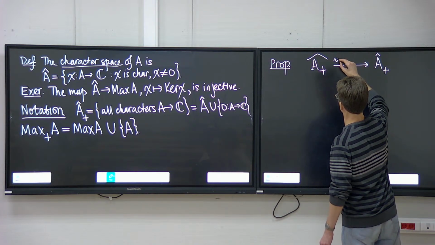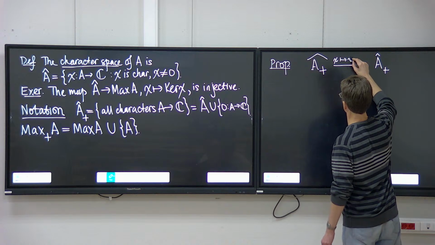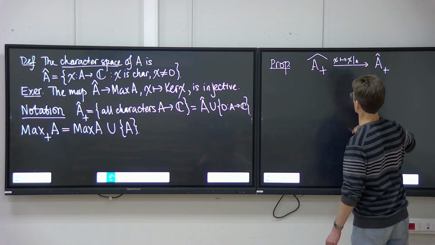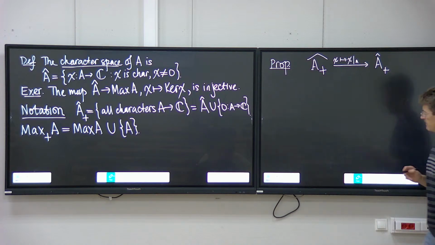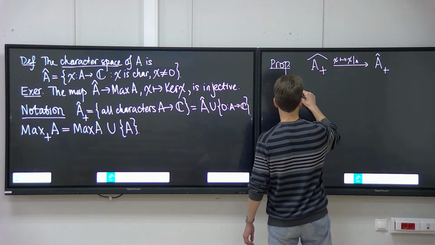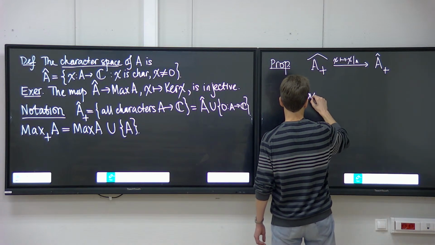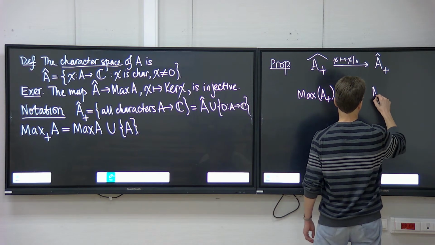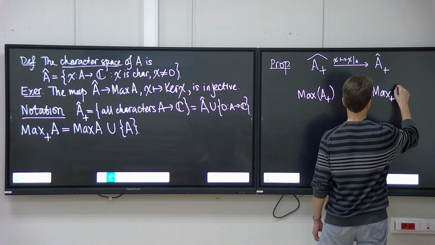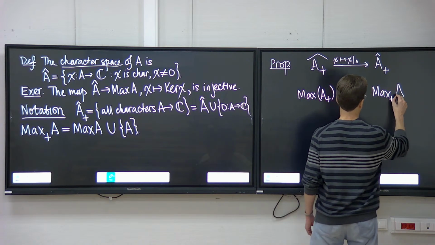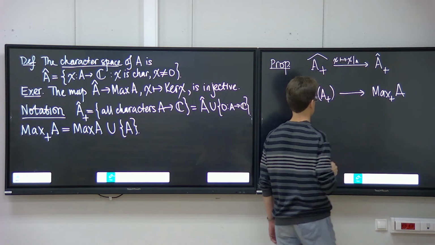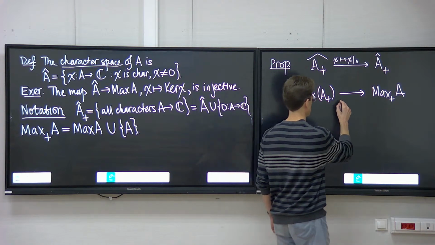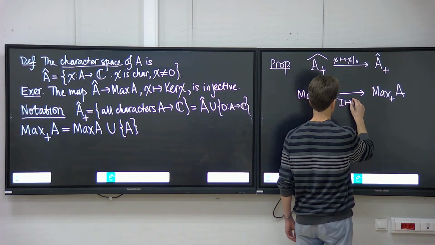So every character goes to its restriction to A. We also have a map from the maximal spectrum of the unitization of A to the set max plus of A, which takes every maximal ideal of A plus to its intersection with A.